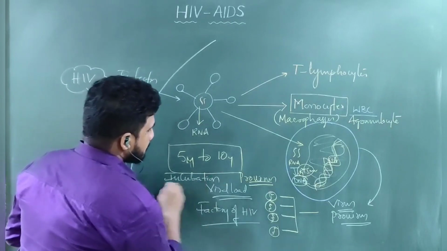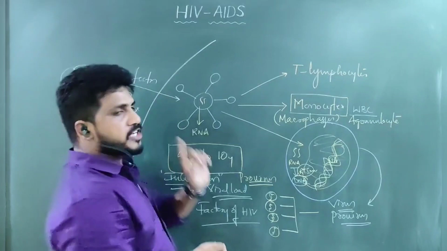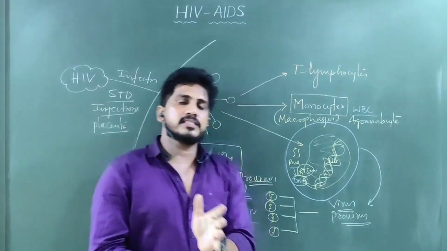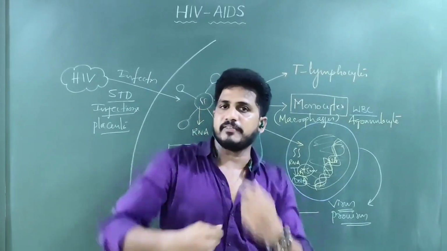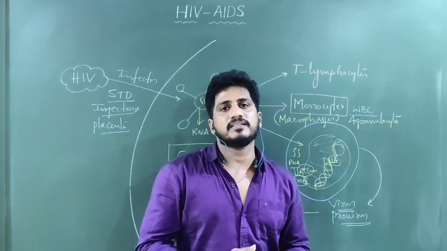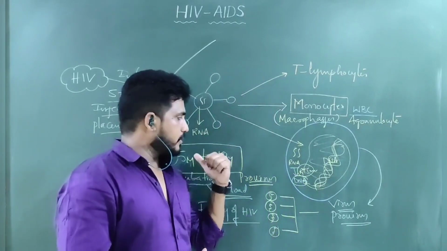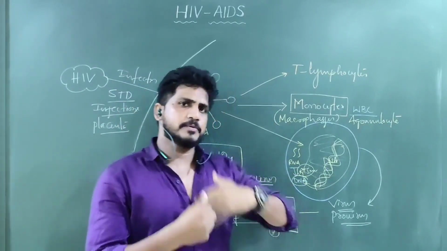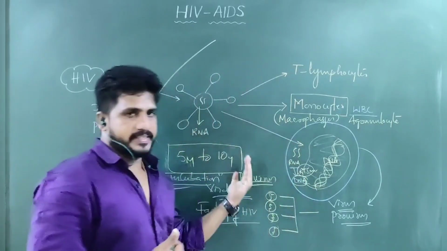What is incubation? Incubation is the period or duration between infection and symptoms. Until a person shows some symptoms, the entire infection stage is developing and pathogenicity occurs; that is called incubation. What is the incubation period of HIV? 5 months to 10 years. Sometimes maybe 1 year or 2 years or 3 years, according to our immune capacity.